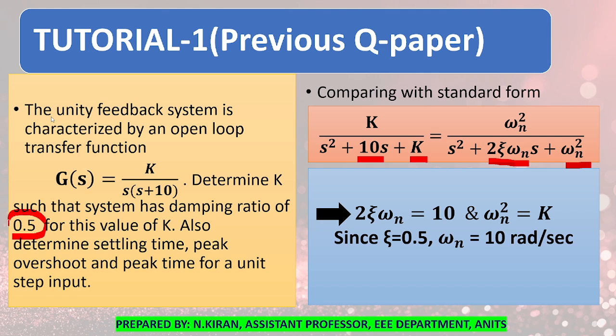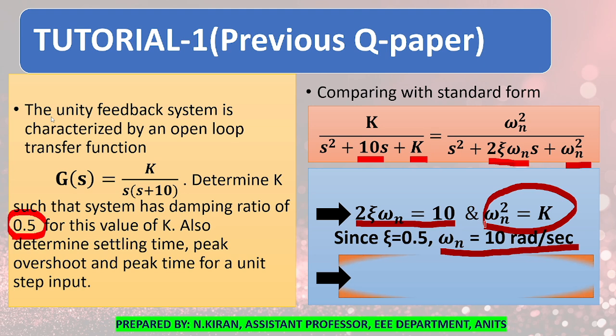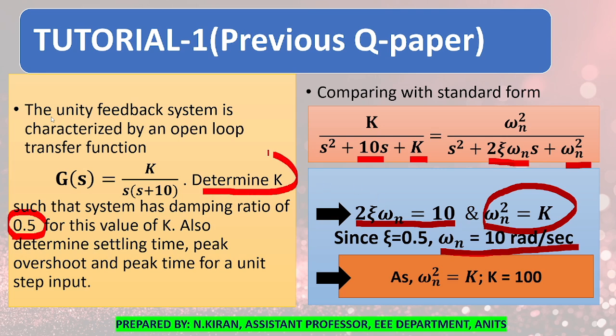In the question itself, it has been mentioned that zeta value is 0.5. So if zeta value is 0.5, that will give me the value of ωn to be 10 radians per second. If ωn is 10 radians per second, from this expression K value will be 100. So the first part, determining the value of K, we have determined.